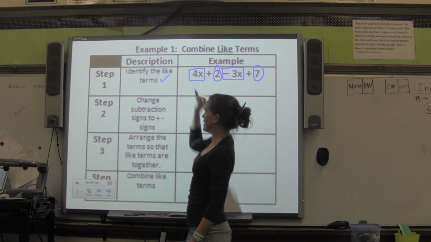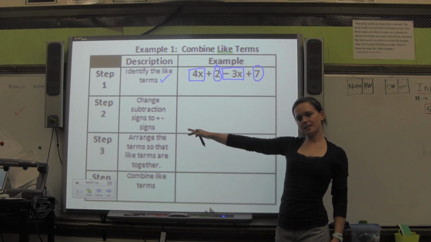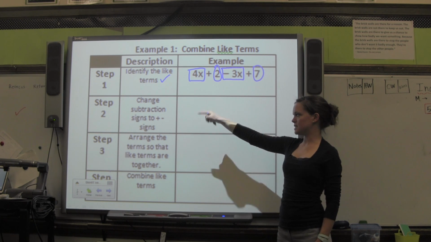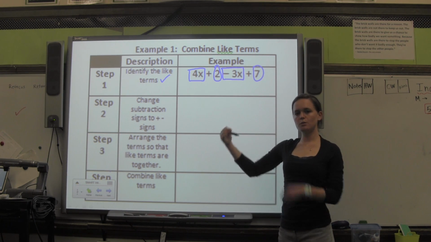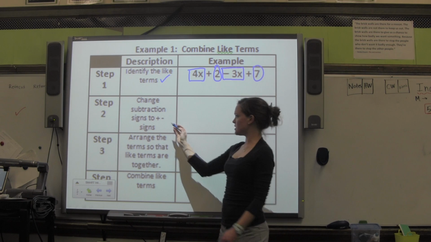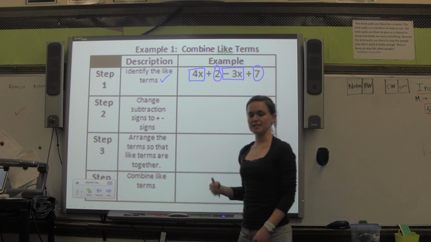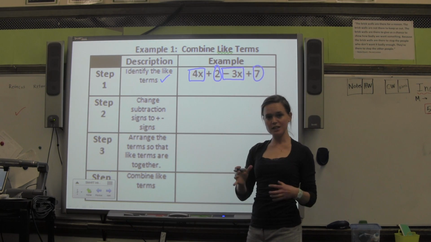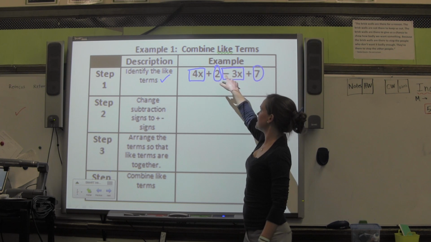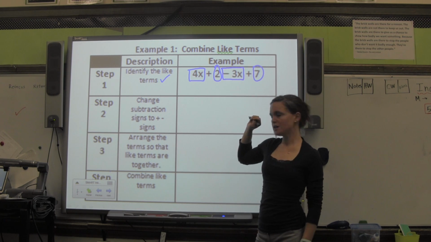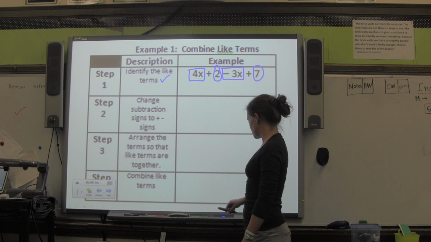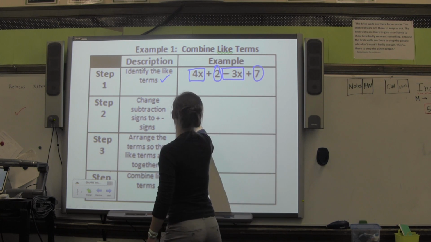So I identified the like terms. The next thing I need to do is to change my subtraction signs to plus and negative. Remember that this is the same as subtract, and we're going to be moving these terms around, and we don't want to lose that negative sign with the number it goes with. So we're going to change that to a plus negative sign.